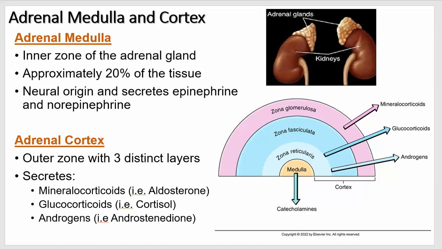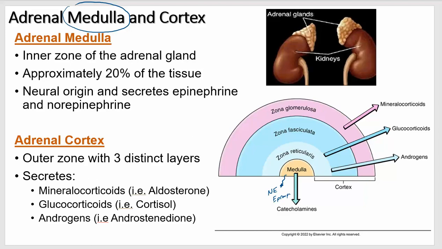All right, let's talk about the adrenal gland, the adrenal medulla and the adrenal cortex. So we talked about the adrenal medulla before, and the adrenal medulla is what releases the catecholamines, norepinephrine, and primarily epinephrine.